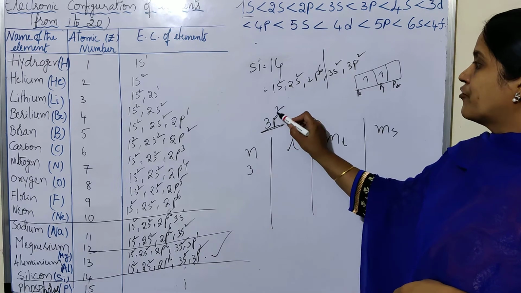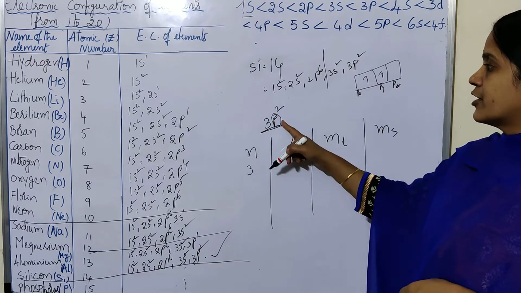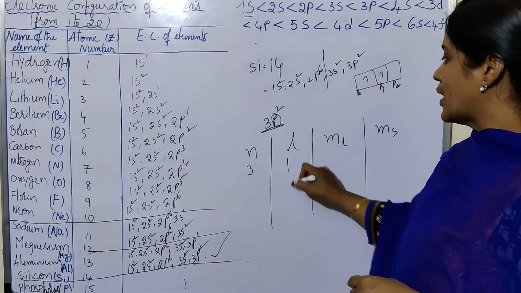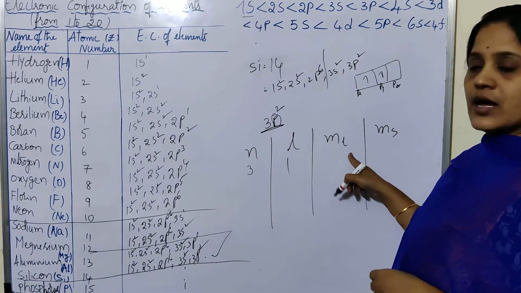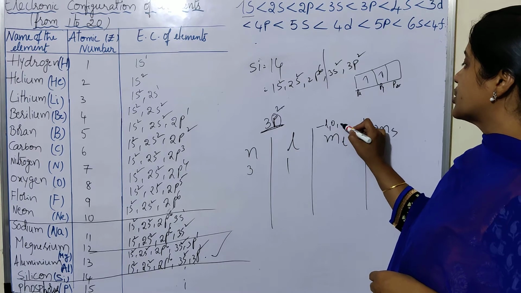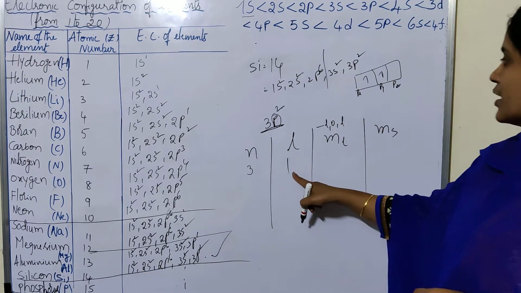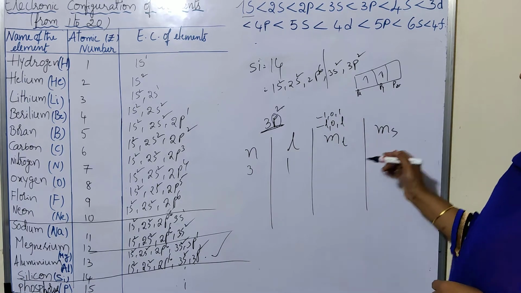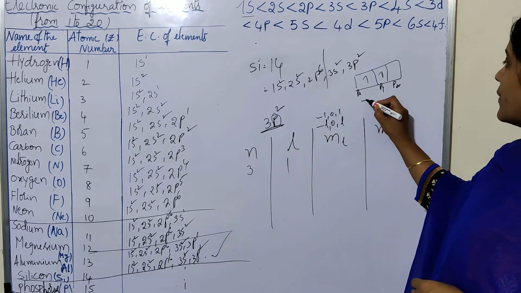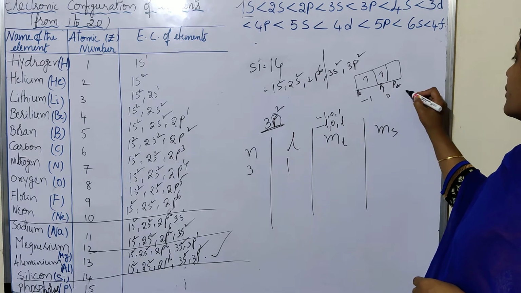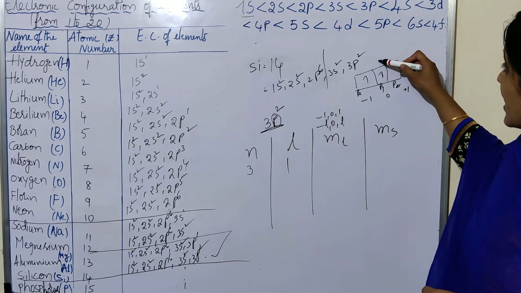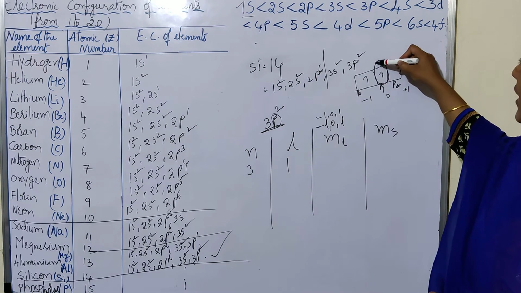N is 3 for p. For p, the L value is 1. And what are the Ml values? Minus L, 0 and plus L. So L is 1, which means you will get -1, 0 and +1. If you write -1, 0 and +1, the last electron enters into the py orbital.